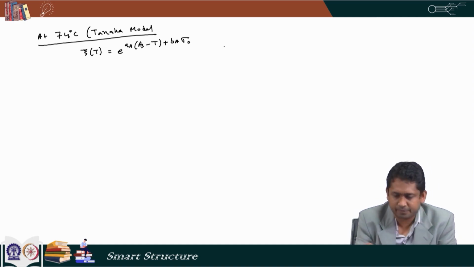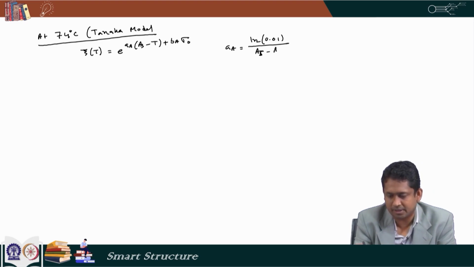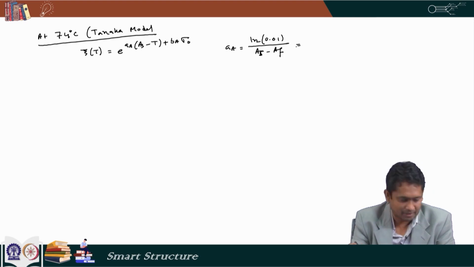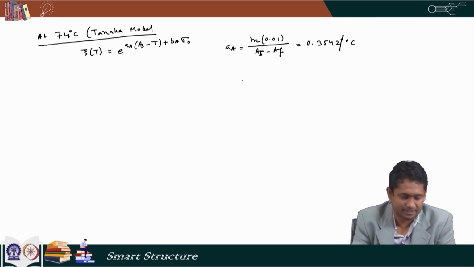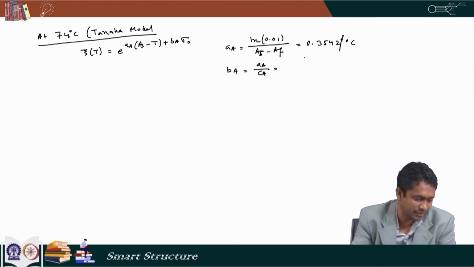Now, a as per Tanaka model is natural log of 0.01 divided by a s minus a f, and that comes to be 0.3542 per degree centigrade, and B A as per Tanaka model is A by C A. C A is given to us and A we just calculated.